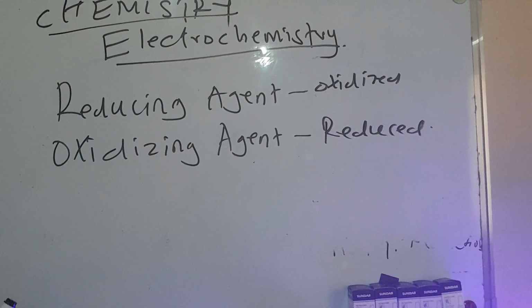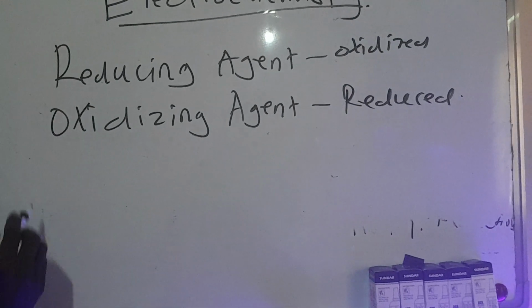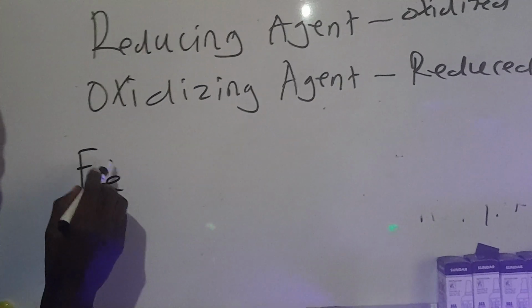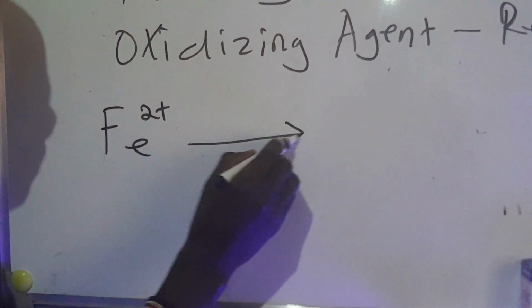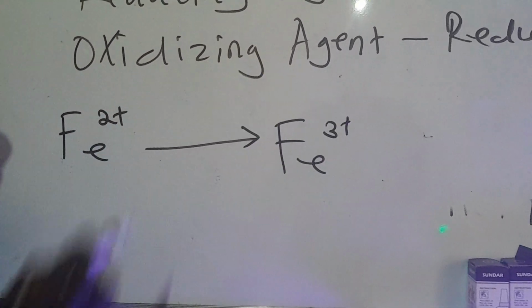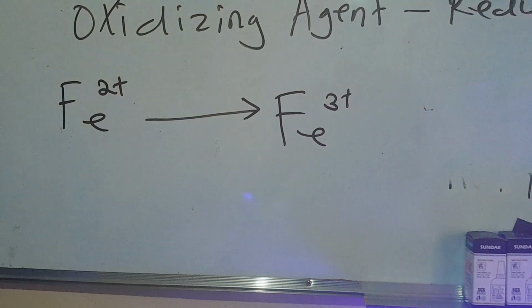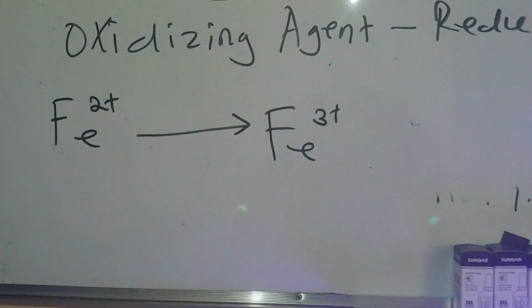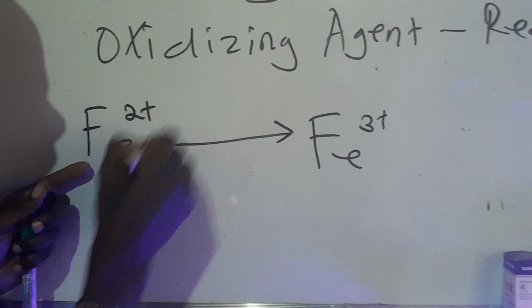Still using the same example, you can use this one: iron 2. If it is oxidized, it will give us iron 3. It was 2 positive, now it is 3 positive, so you have an increase of 1 charge. So iron 2 has been oxidized to iron 3.